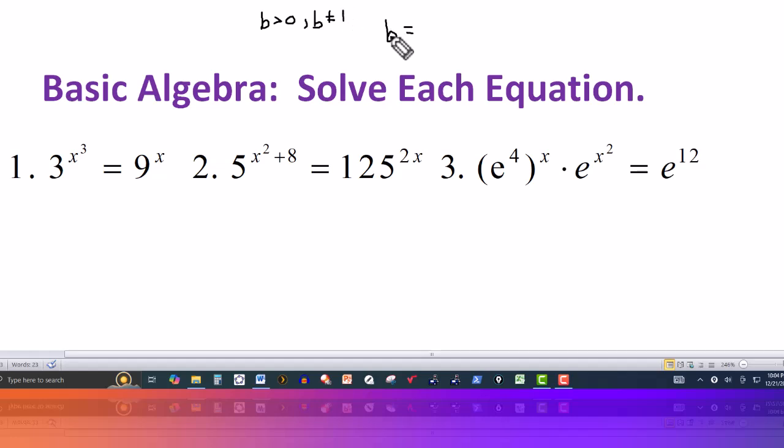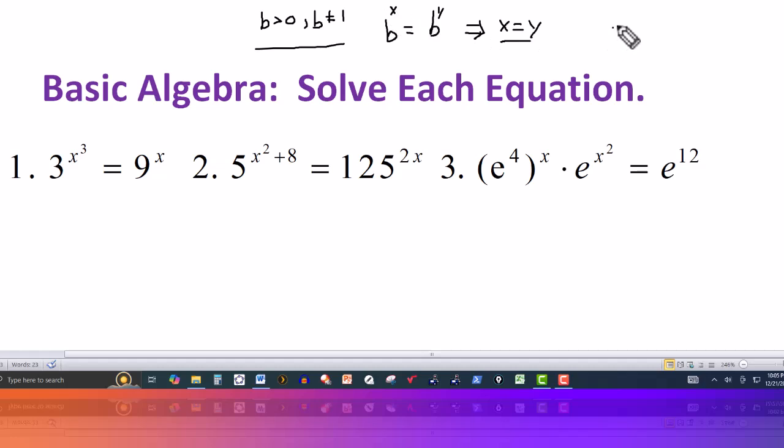If I take this base to an x power and then I take the same base to say a y power, the only way that b to the x will equal b to the y, if the base b is positive and not equal to 1, is x has to be y. So under these conditions, if b to the x is equal to b to the y, then the only way that can happen is if x is equal to y. It has to be the same exponent.